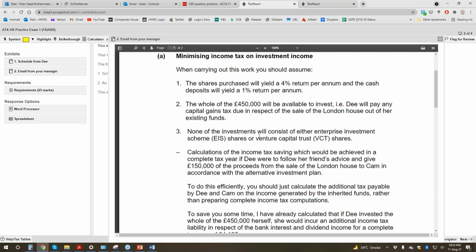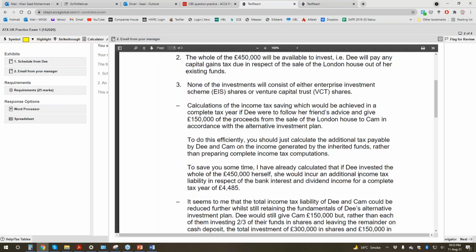To do this efficiently, you should just calculate the additional tax payable by D and CAM on the income generated by the inheritance funds rather than preparing the complete tax computation. So I will not be preparing complete income tax computations, rather I'll just be calculating the resultant savings.